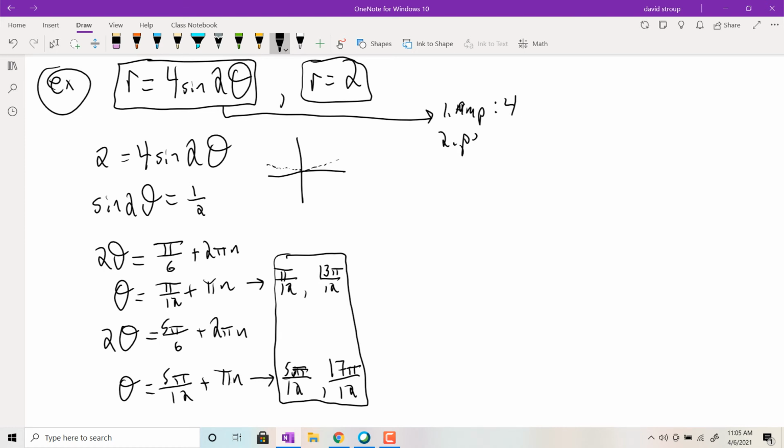Secondly, its period is smushed a little, so its period will just be pi. Then my tick marks, I'll be going by pi over 4s. Okay, so my little picture, 2, 3, 4, 2, 3, 4, I'm going by pi over 4s.